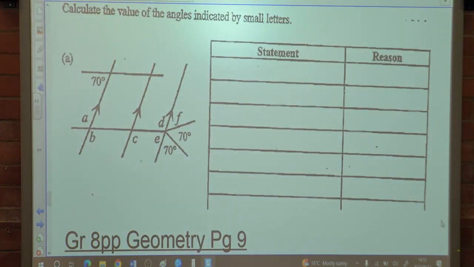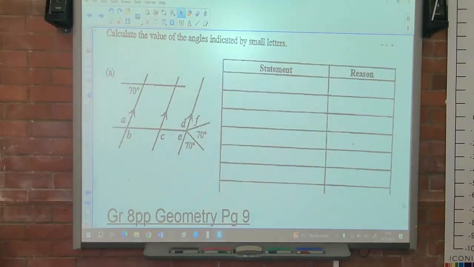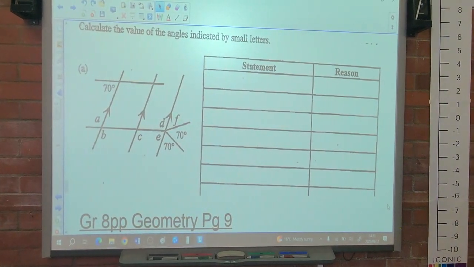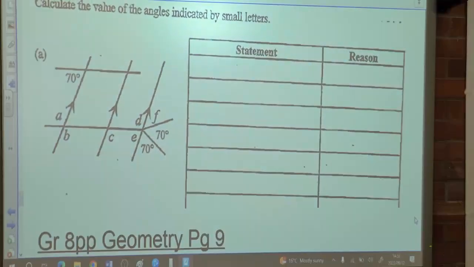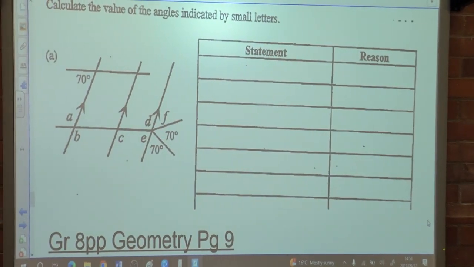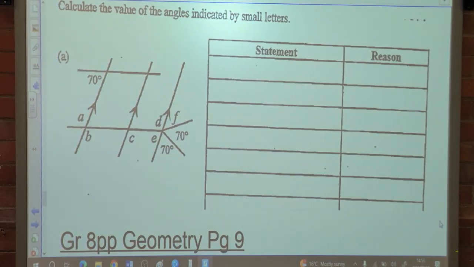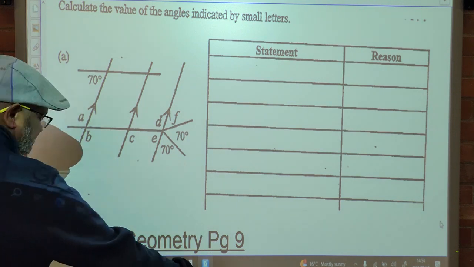So looking at that, what can be calculated first? Are you going to calculate F? Angles on a straight line, nice, yes.